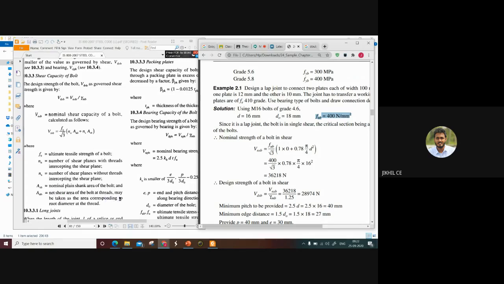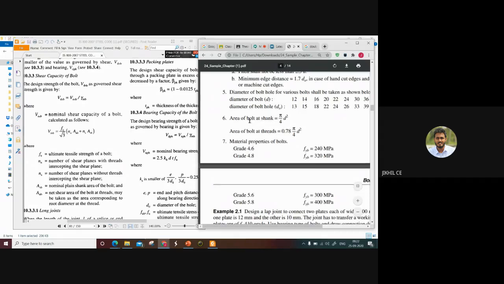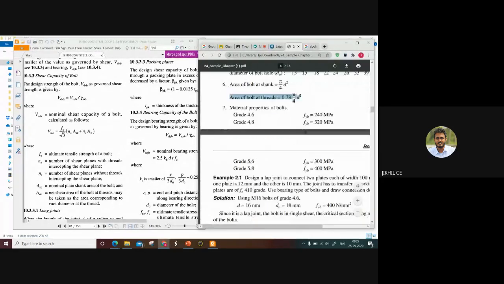It will be taken as the area corresponding to the root diameter of the thread. So we know the relation between the area of the bolt at shank as well as at threads. We have the shank full area, and for threads we have 0.78 into pi by 4 d square.